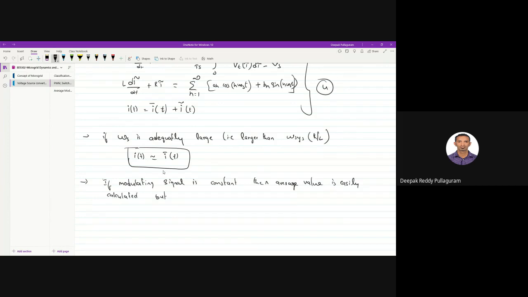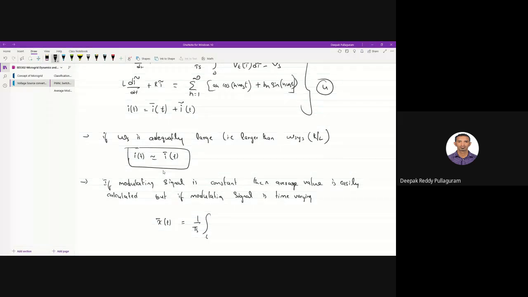But if the modulating signal itself is time varying, then how do I calculate it? So I should go with time integration analysis, integrating over T minus Ts to T, where T is the on time or the time instant. Can I calculate my average value like this?